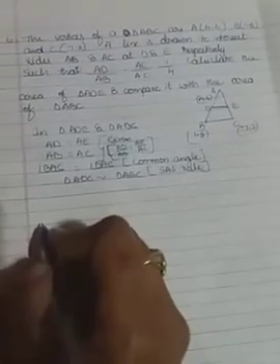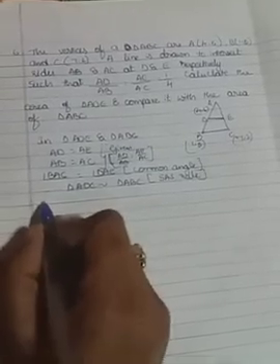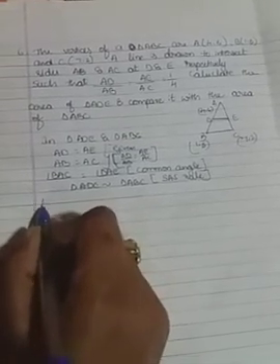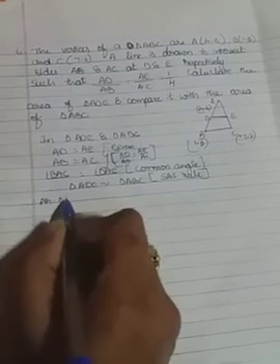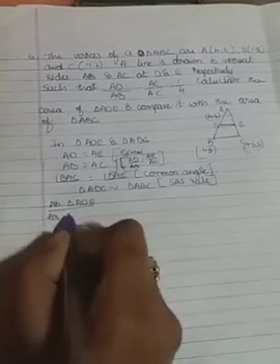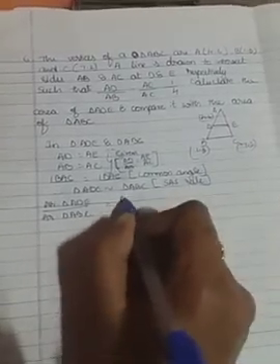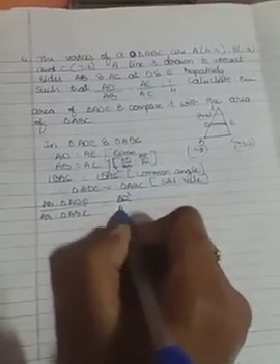If they are similar, you know the theorem on the area of similar triangles. According to that, we can write area of triangle ADE divided by area of triangle ABC equal to the squares of their corresponding sides, that means AD square divided by AB square.